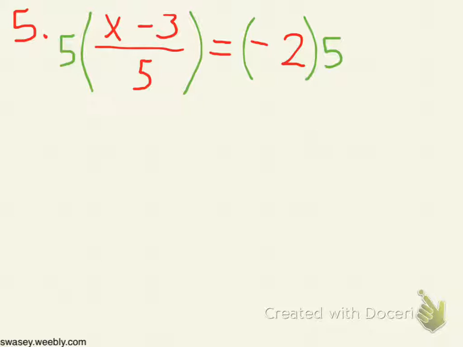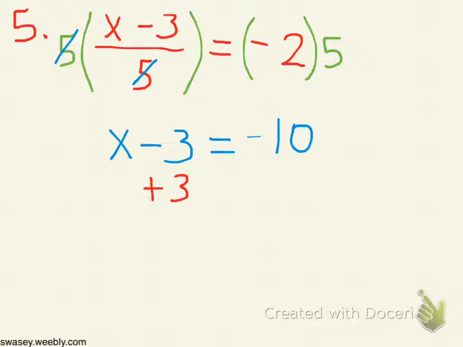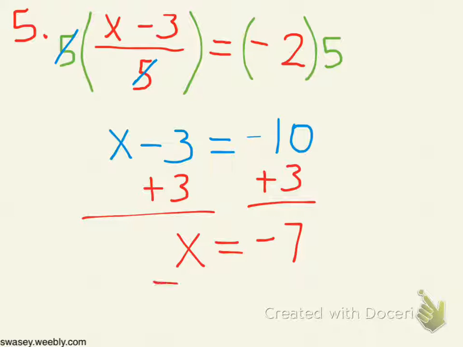And so when you do that, these 5's divide out. Some people say cancel. We have x minus 3 equals negative 2 times positive 5 is negative 10. Now to get rid of minus 3, we'll add 3. Negative 10 plus positive 3 is negative 7.